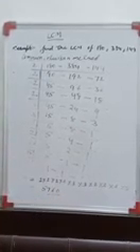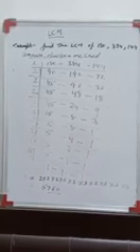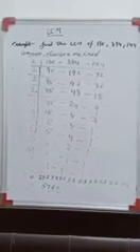Both methods are similar, but in prime factorization you are taking numbers individually. In the common division method, you are dividing all the numbers commonly with the common prime numbers, and then you are calculating the LCM. So both are methods to calculate the LCM, and depending upon that, I am going to give you the questions.